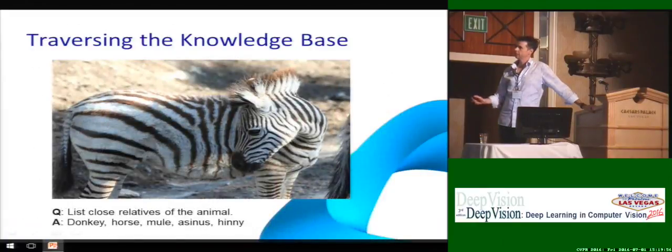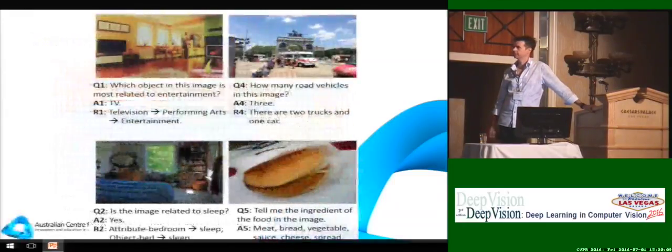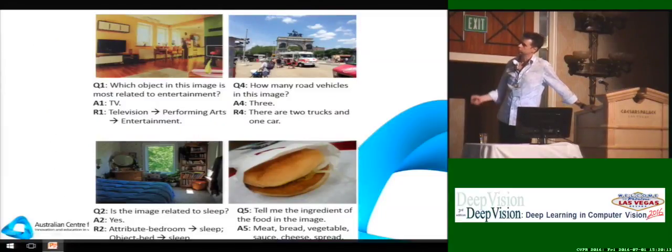So some of the questions you can ask: list close relatives of this animal. And the answer is donkey, horse, mules, asinus, and hinny. Right? And it's found that by traversing the knowledge base. Which object in this image is most related to entertainment?